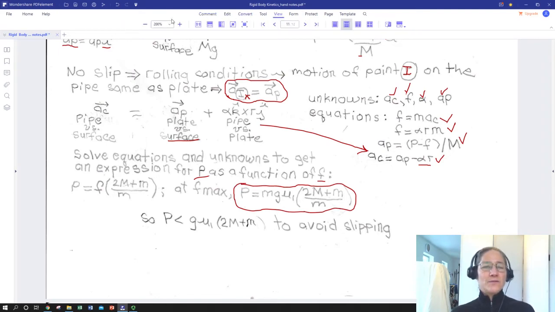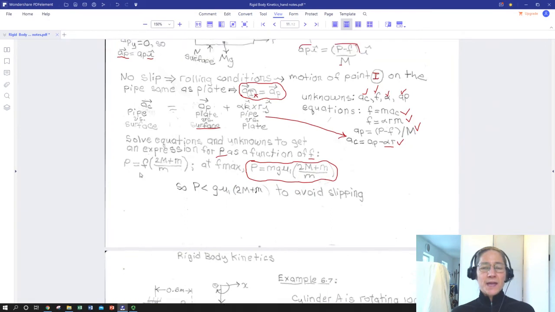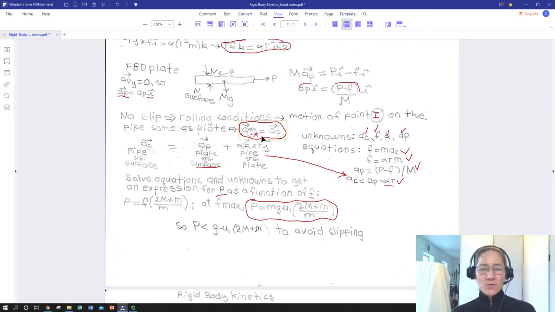So, quick review, important points we made. Probably the most esoteric point was using the nature of the invariant point of rolling and saying, I know what it's doing versus its own center of mass. I know what its acceleration is. It's only normal to the wheel.